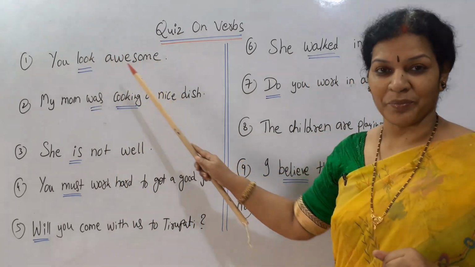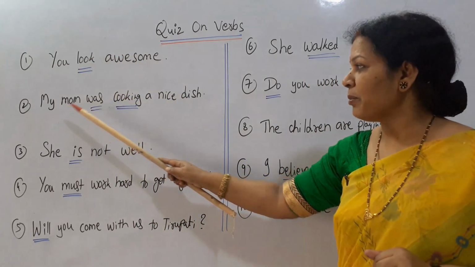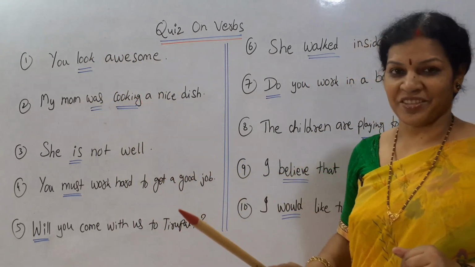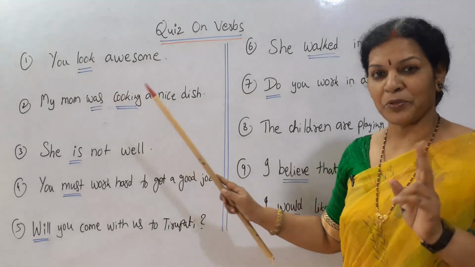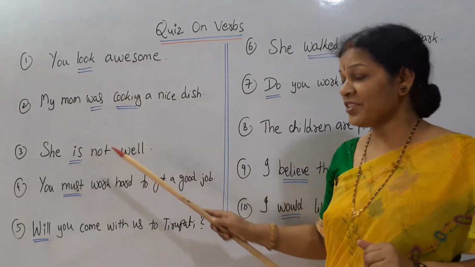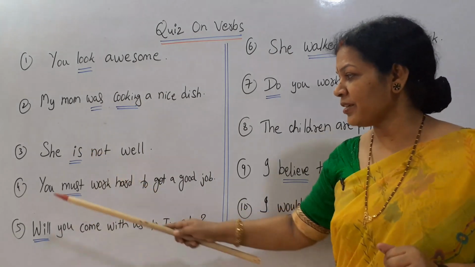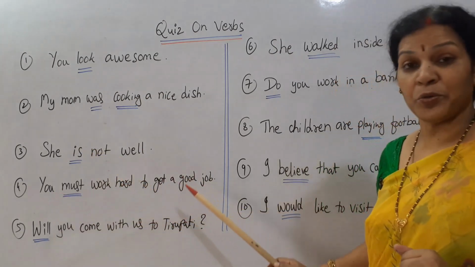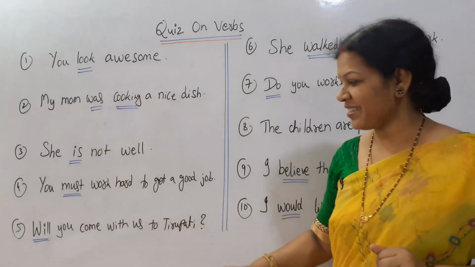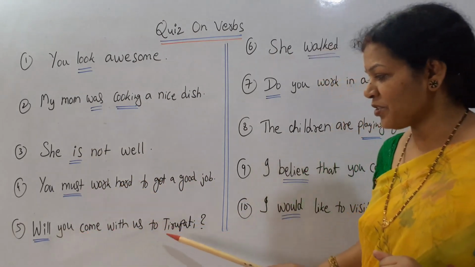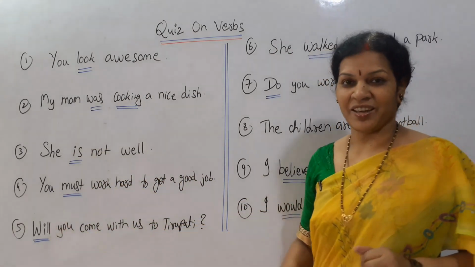You look awesome. Look. My mom was cooking a nice dish. Was cooking, both verbs are there. She is not well. Is. You must work hard to get a good job. Must. Will you come with us to Tirupati? Will. Okay.